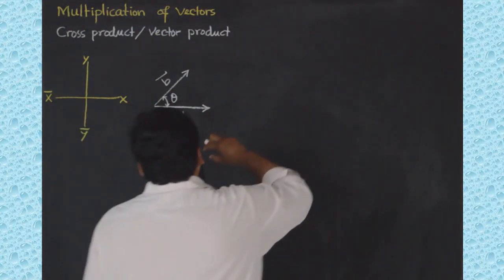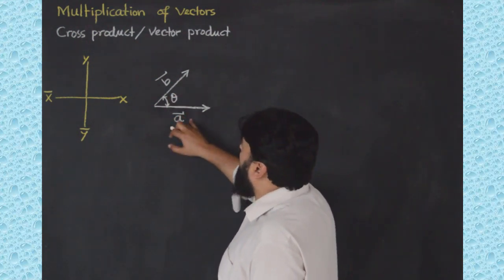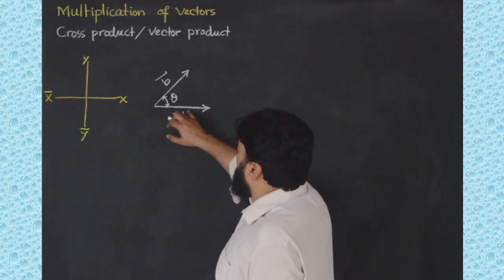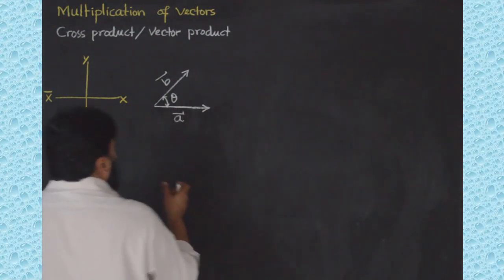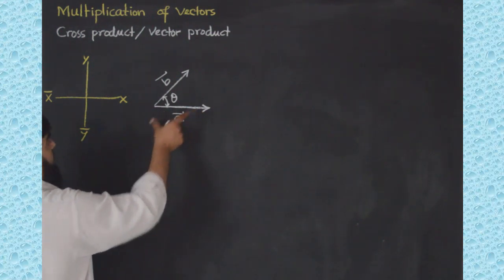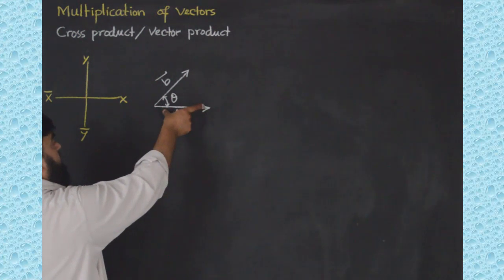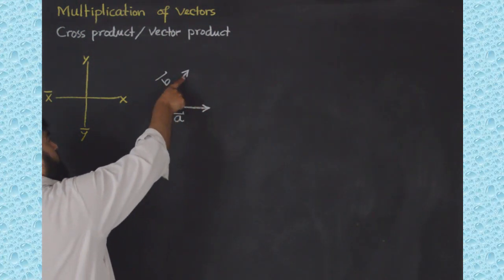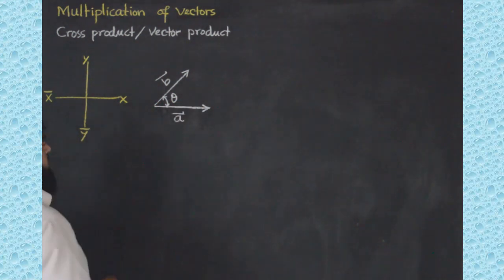Now in the dot product, we found the projection of one vector along the other vector, of this on this or this on this. In the cross product, we have the rotational dynamics. So we will rotate this vector along this vector or this vector along this vector.